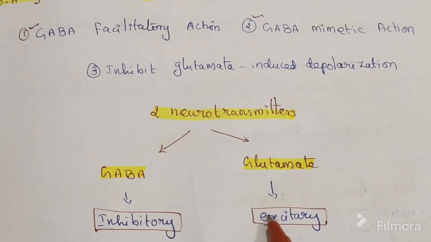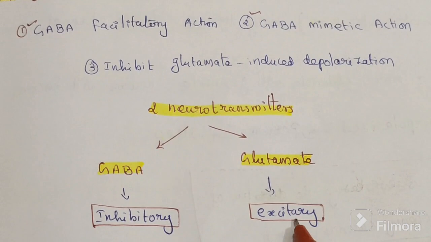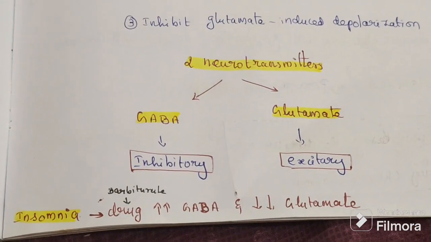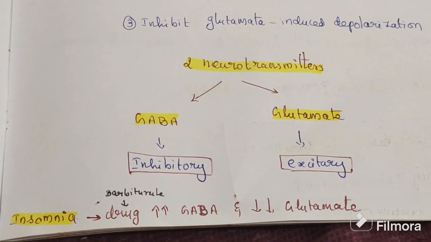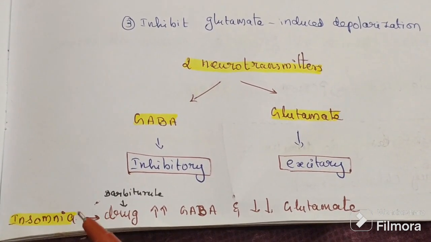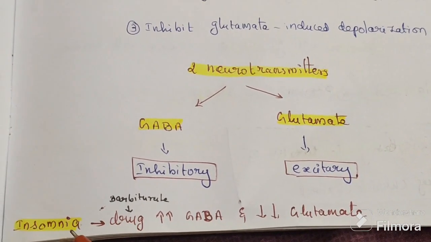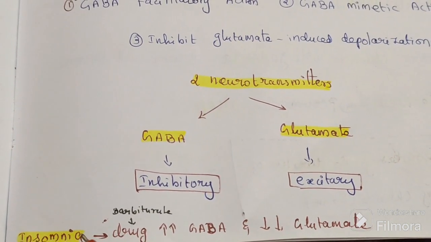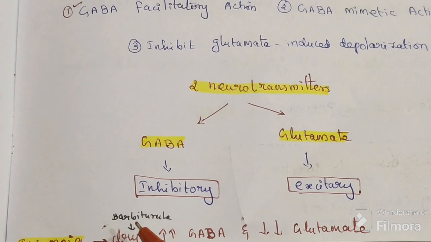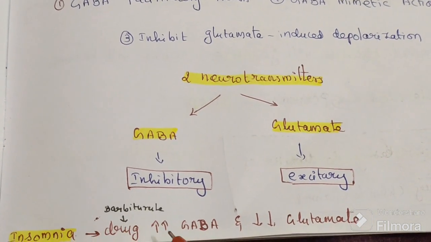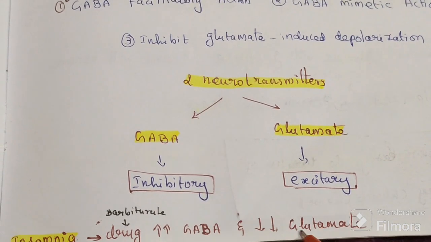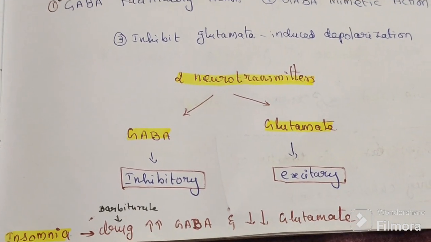This one decreases that glutamate. GABA is the inhibitory one. Glutamate is the excitatory one. These mechanisms of action will increase GABA, and this one decreases the action of glutamate. So the insomnia patient, who has a sleeping disturbance, will take barbiturate drugs, which increase GABA, which means they sleep, and it will decrease glutamate.